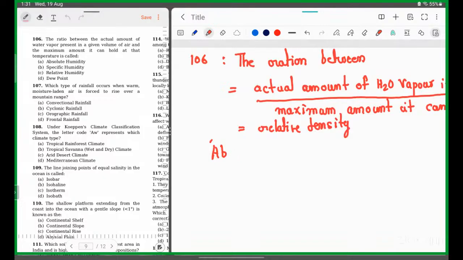So the answer will be A, sorry, C, relative humidity.